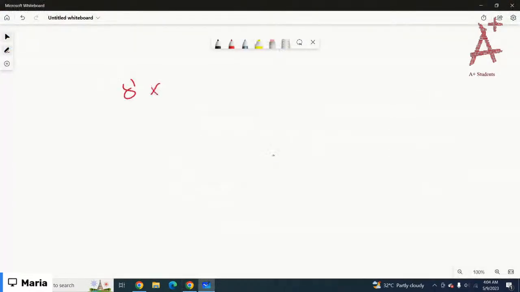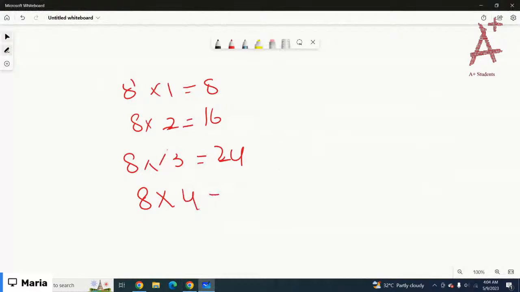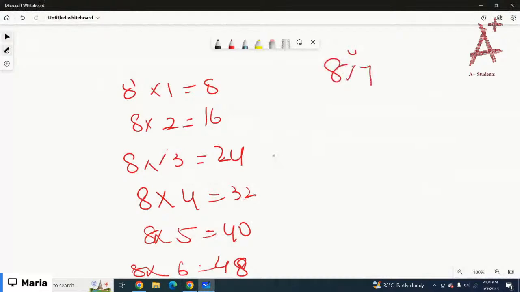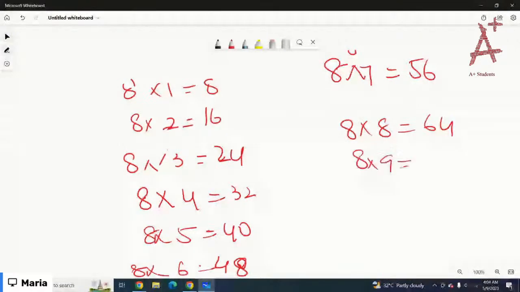8 times 1 is 8. 8 times 2 is 16. 8 times 3 is 24. 8 times 4 is 32. 8 times 5 is 40. 8 times 6 is 48. 8 times 7 is 56. 8 times 8 is 64. 8 times 9 is 72.